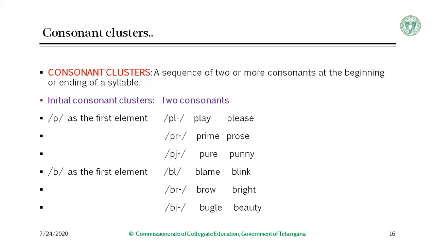Now let's look at B as the first element. For example, ba, la: blame, blink. Here, the consonants ba and la are taken together as one cluster. Blame, blink, bro, bright, bugle, beauty.